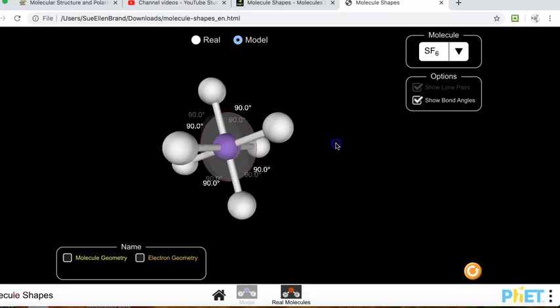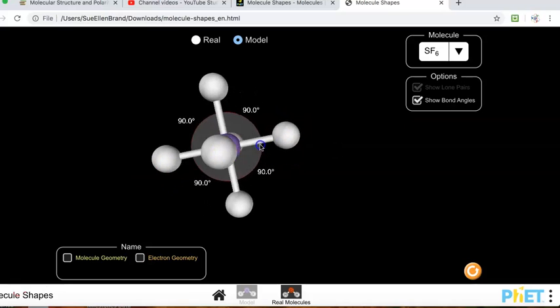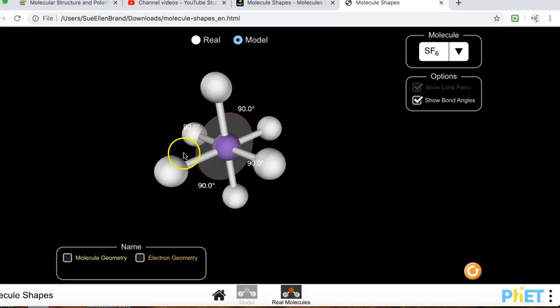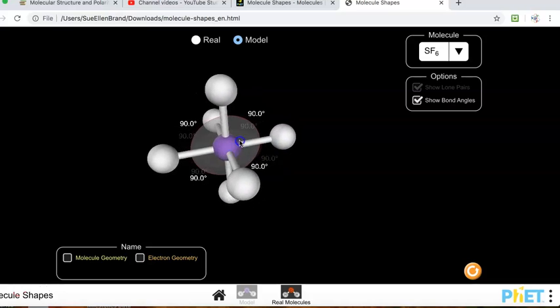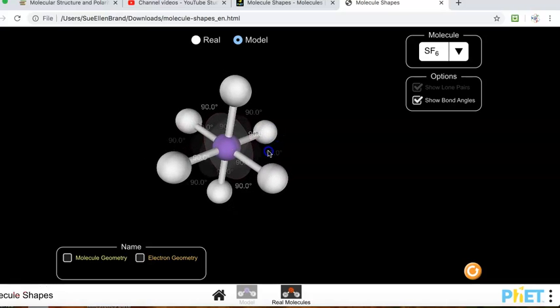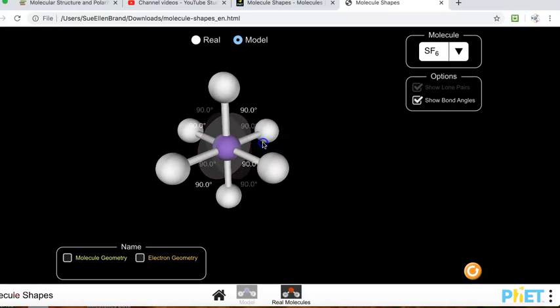So those 4 atoms are in the same plane right here. And then you have an atom going up and an atom going down, and this is referred to as octahedral. Your angles there are all 90 degrees. Okay, so that's when you have 6 electron pairs, excluding the central atom.